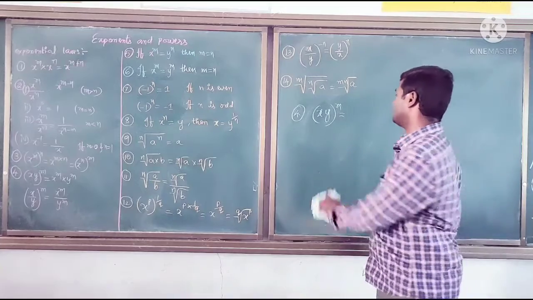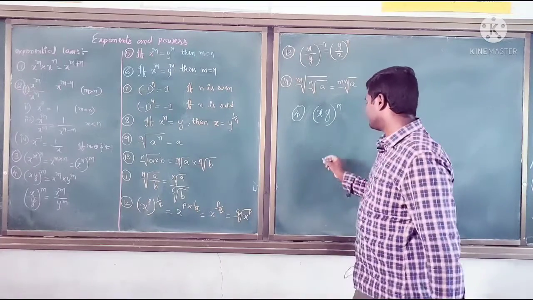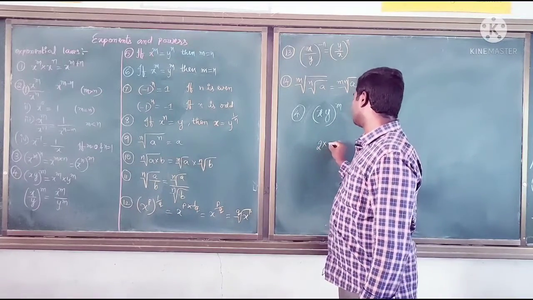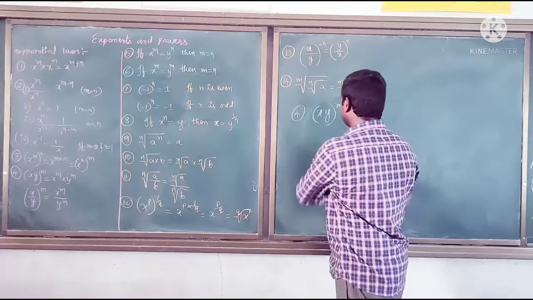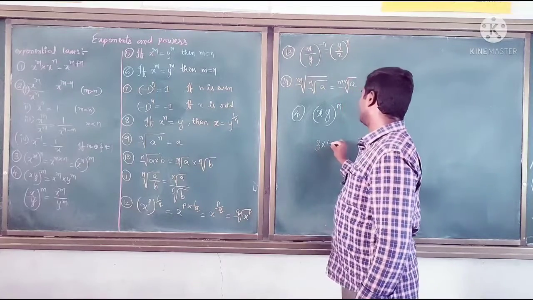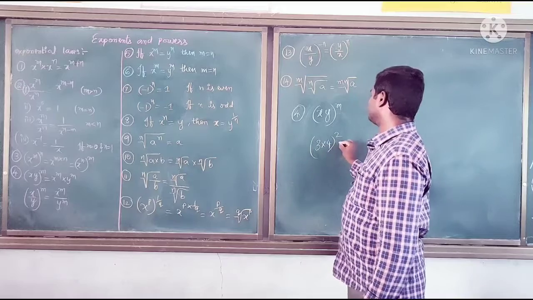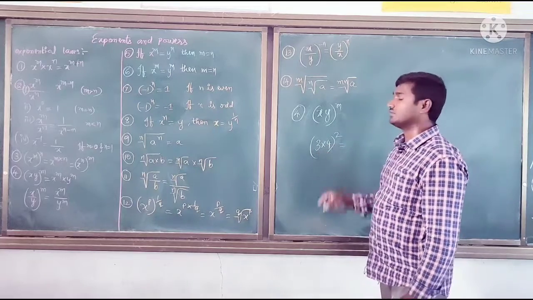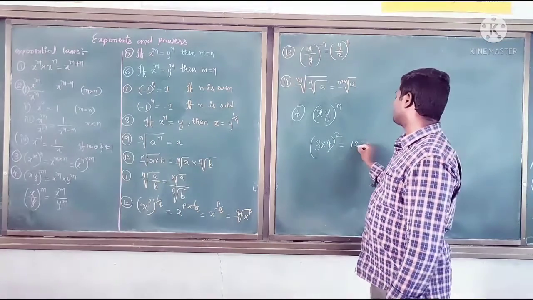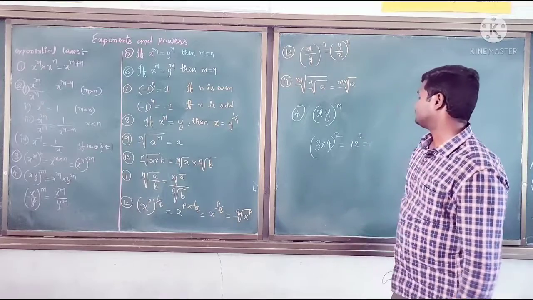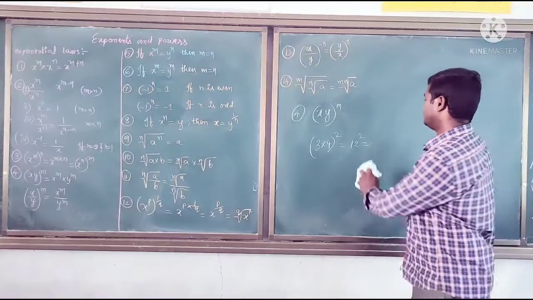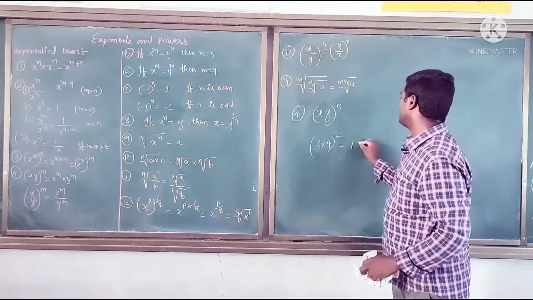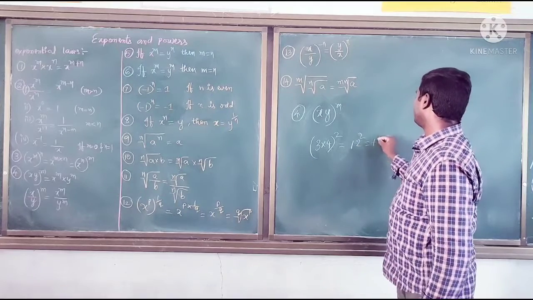So we have the formula where we will use, let us see, suppose (2 into 3 into 4) whole power 2 is there. So this means 3 4s are how much, 12 power 2, that is equal to, this 12 power 2 is equal to 144.